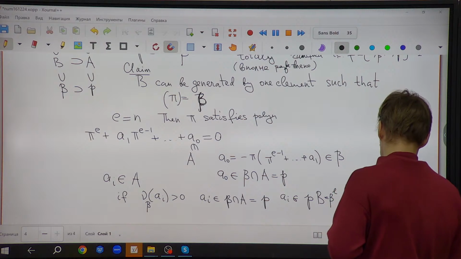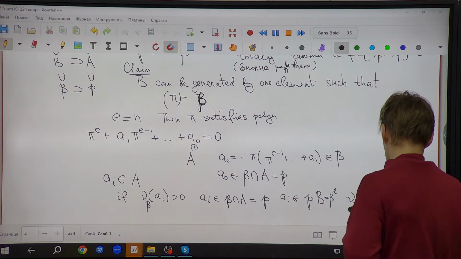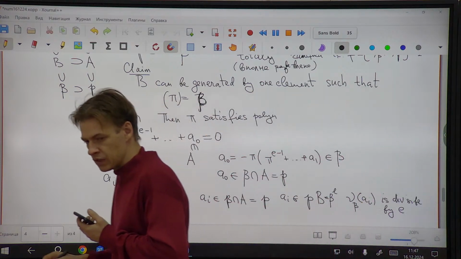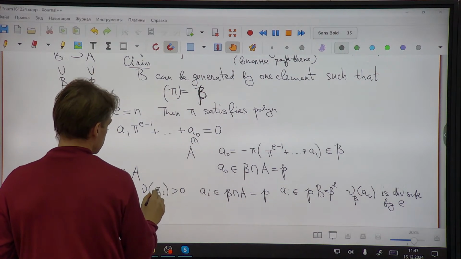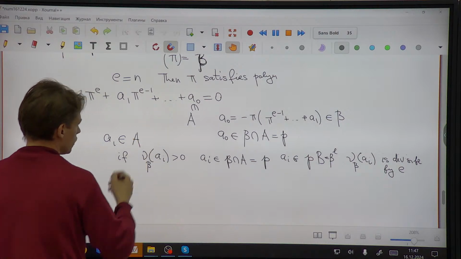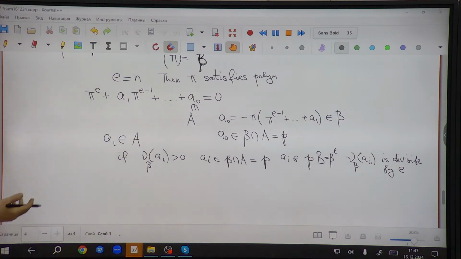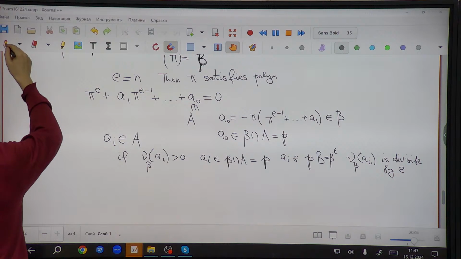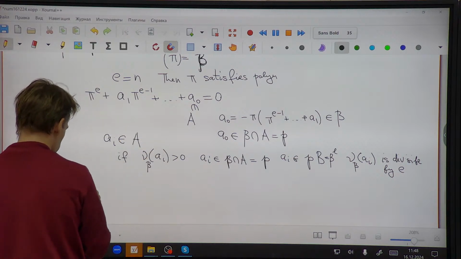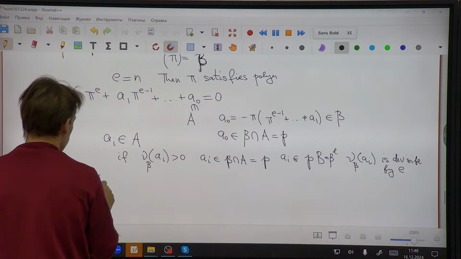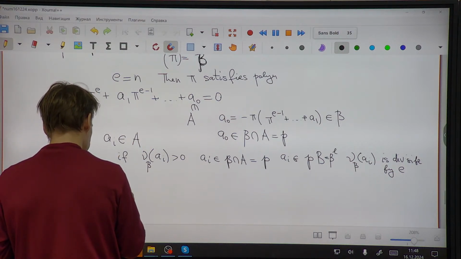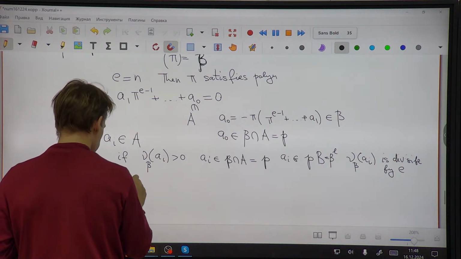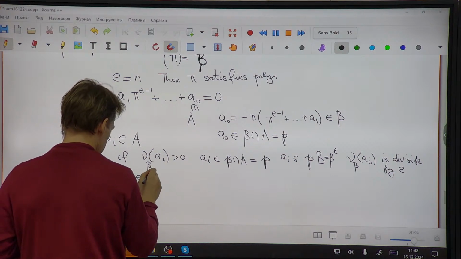Okay, so this is a very important property. Let us consider the valuation of the corresponding elements. If you take the valuation of ai times the uniformizer to the power E minus i, this is the valuation of ai plus the valuation of the uniformizer to the power E minus i.